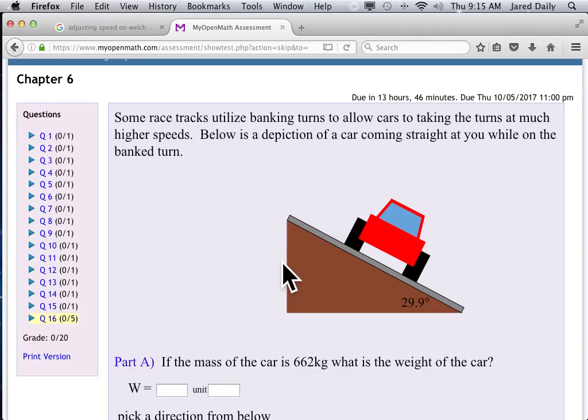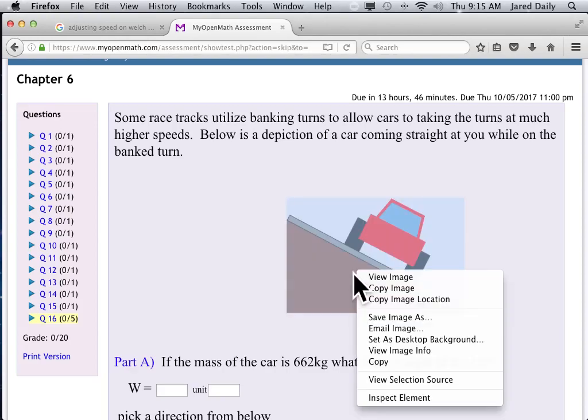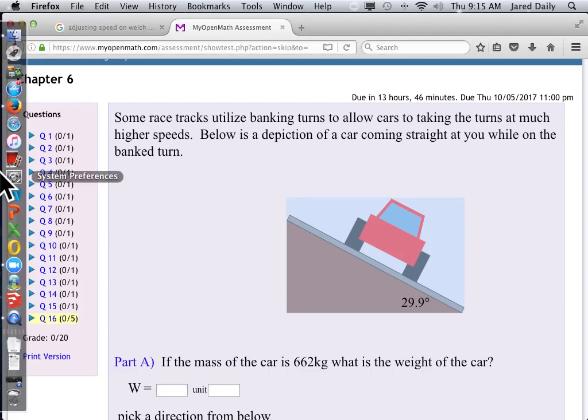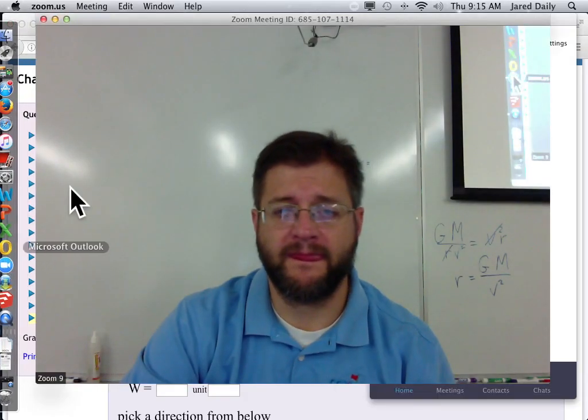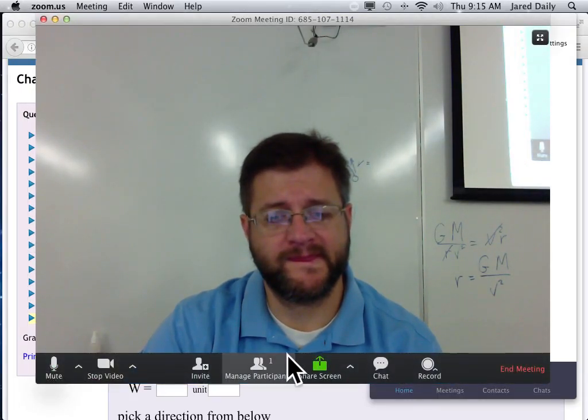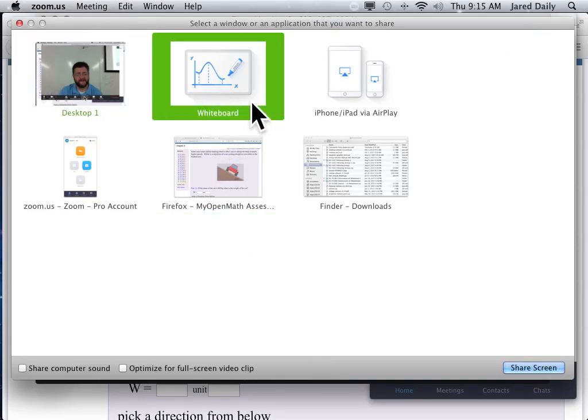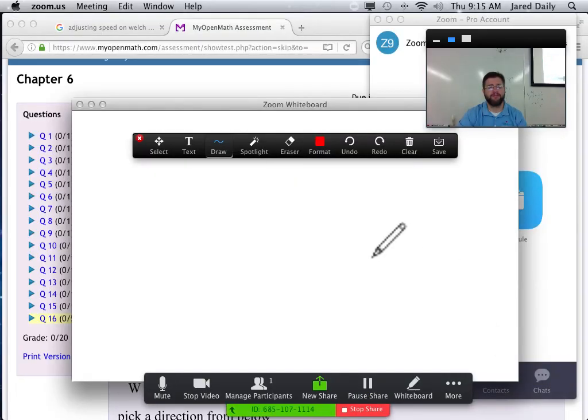So we're going to assume that it's banked perfectly. And what that means is that our force is going to be, our force, there we go.